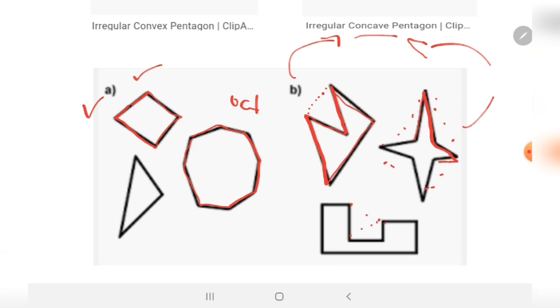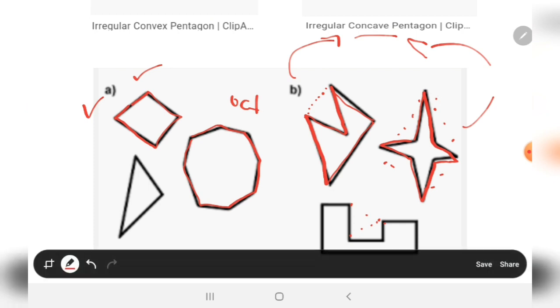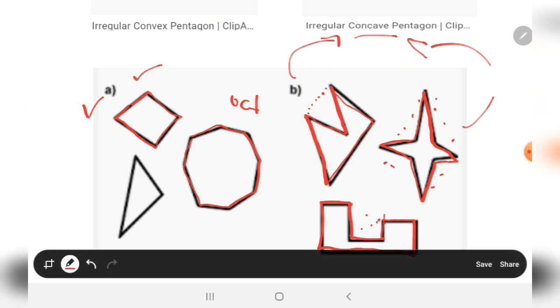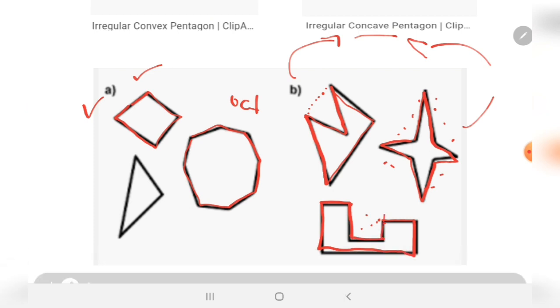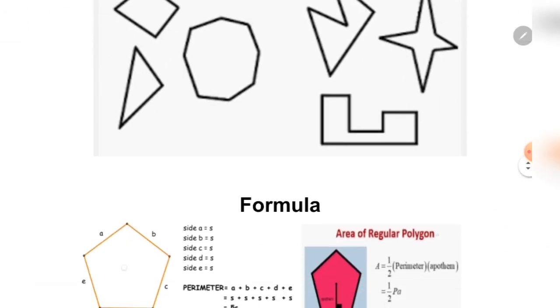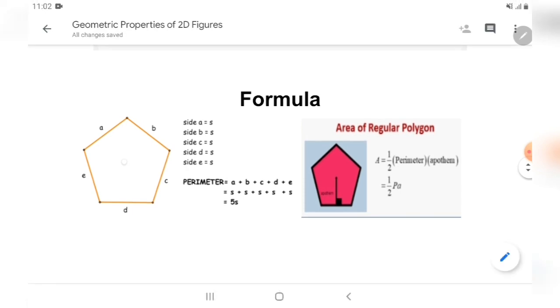And in here, irregular, concave, 1, 2, 3, 4, 5, 6, 7, 8, octagon. Next, in here, irregular, concave, octagon. Okay, understood?